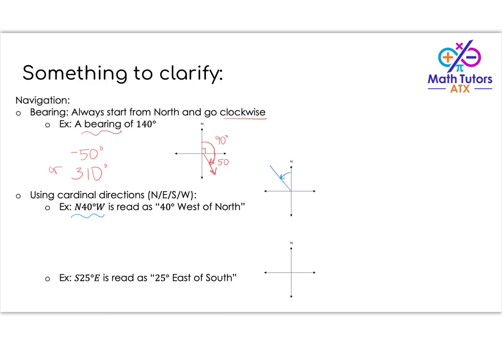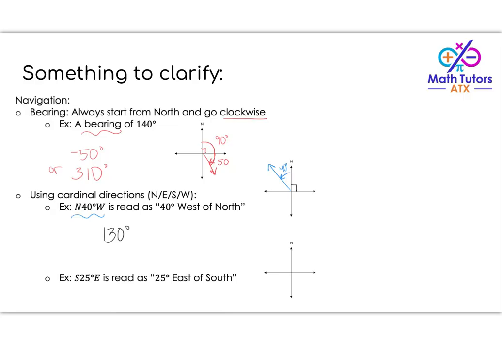So right here would be the 40 degrees. So it's in that second quadrant. If you're thinking about the unit circle though, for the second quadrant, that would be 90 plus 40, so that would be 130 degrees. So again, cardinal directions are different from the unit circle directions.